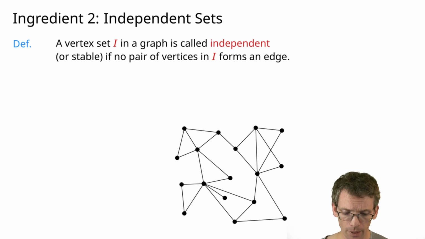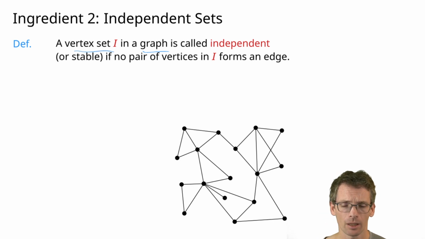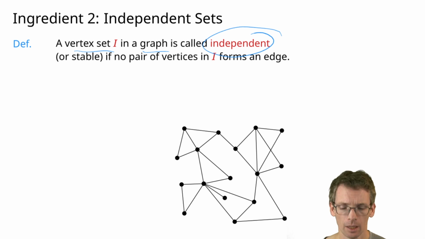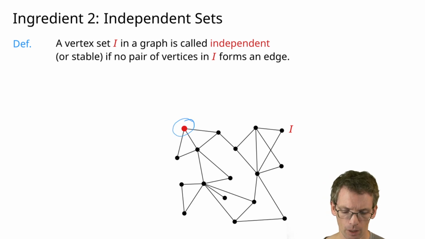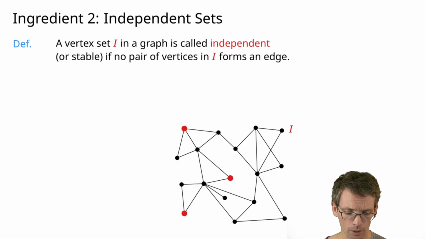So what is an independent set? I have a graph and a vertex set, so a subset of the vertices is called independent if between any pair there's no edge. So let's start here. This is obviously an independent set because I only have one vertex. This is still independent, these two, because there's no edge between those two vertices.